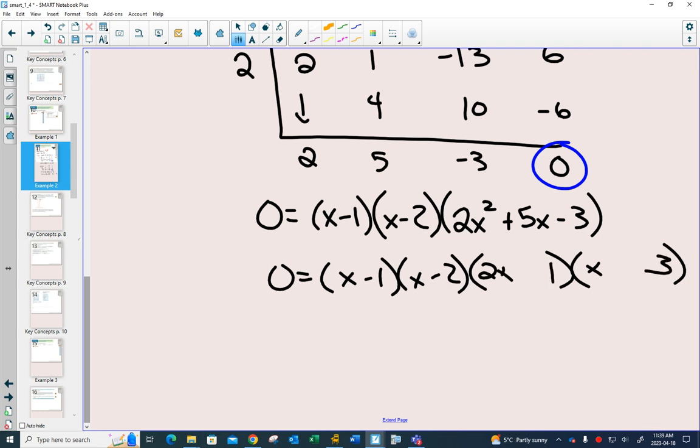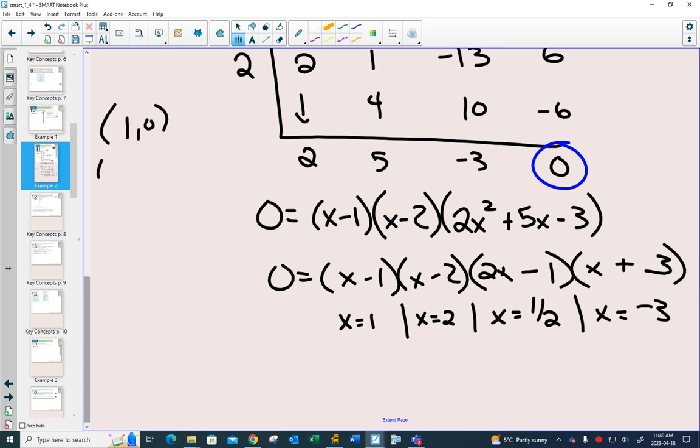I'm going to put the 3 and the 1 there, so my outside is 6, my inside is 1, so I want positive 6 minus 1. And it's factored completely, which tells us x equals 1, x equals 2, x equals 1/2, and x equals negative 3 are our 4 x-intercepts.